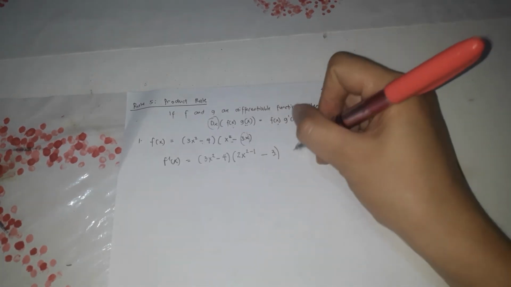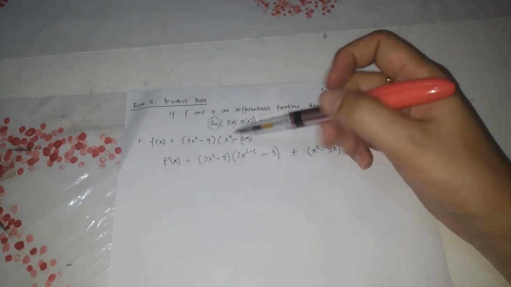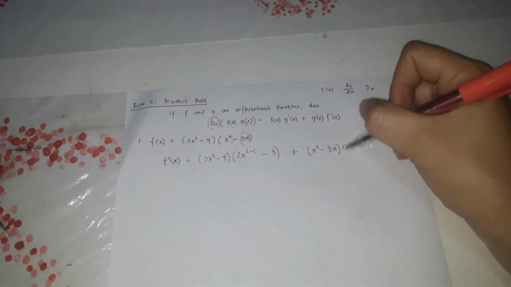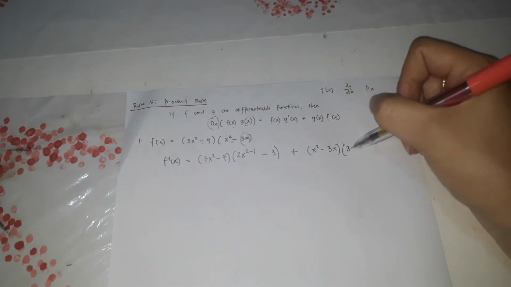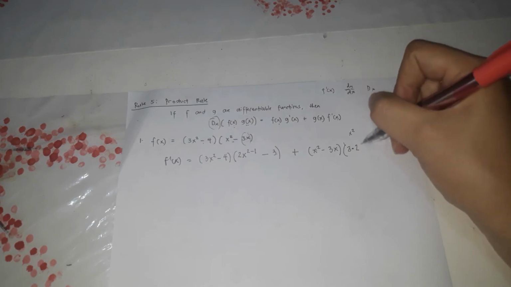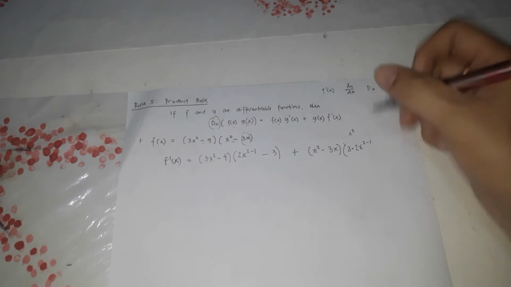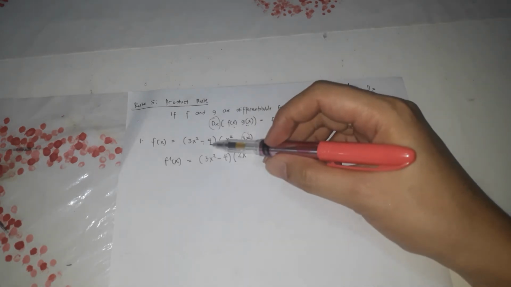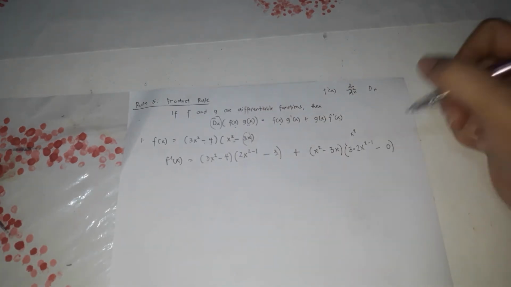Next, plus, copy the second, x squared minus 3x, and take the derivative of the first function, 3 times x squared. The derivative of x squared is the exponent, copy the variable, 2, copy 2 minus 1. The derivative of a constant is 0, so minus 0 or just cancel it out.